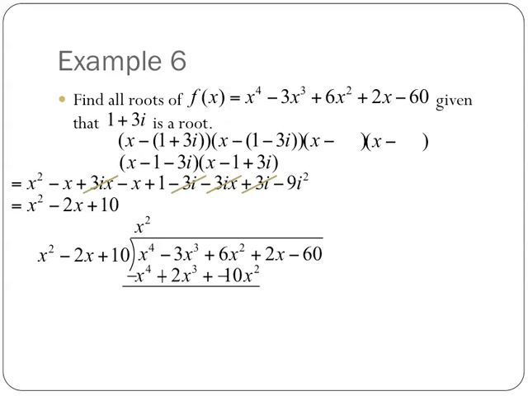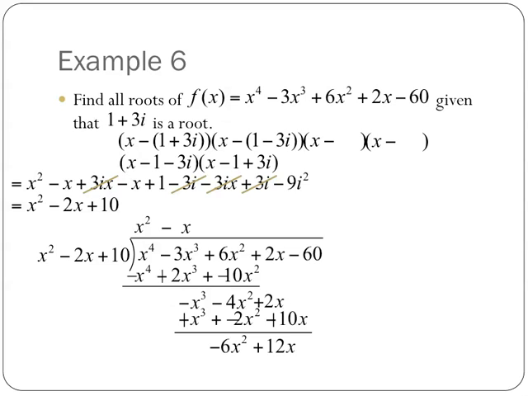That leaves us with negative x cubed minus 4x squared, bring down the 2x, divide again, we have minus x, multiply, we have negative x cubed plus 2x squared minus 10x, subtract, change all those signs, we have negative 6x squared plus 12x, bring down the minus 60, and do it one more time.